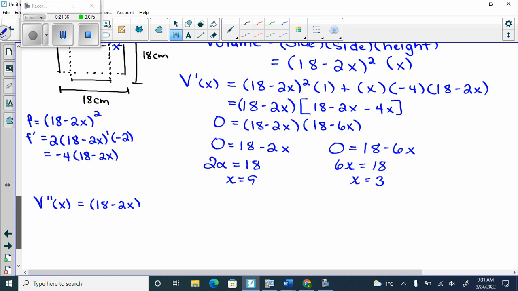So f and then g prime, I'm using it from this one. G prime is negative 6 plus g, which is 18 minus 6x, times f prime, which is negative 2. And then I just need to plug in the 9, and I need to plug in the 3.